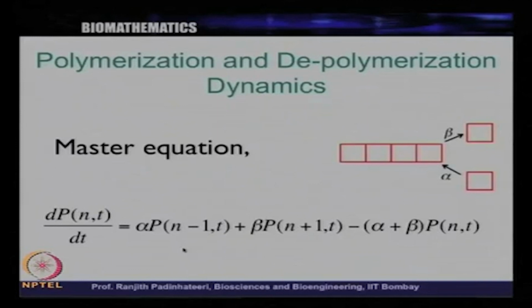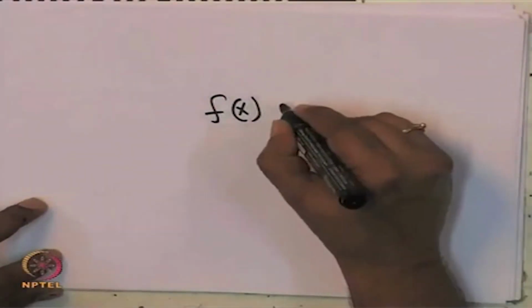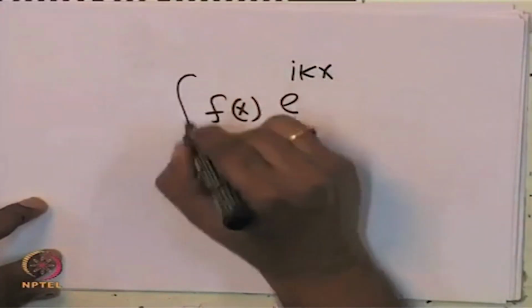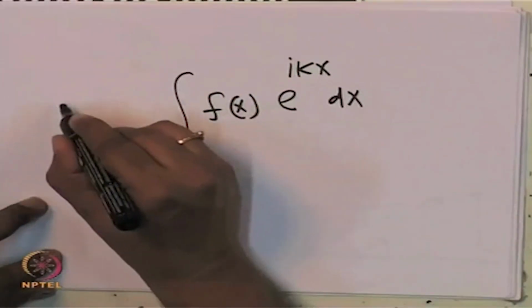So now we have this master equation. Now, the question is, how do we solve it? Here is where we will make use of some of these transforms we learned. We defined the Fourier transform in this particular manner, where if you have a function f of x, you can multiply with e power i k x and integrate over x, and you get some other function.